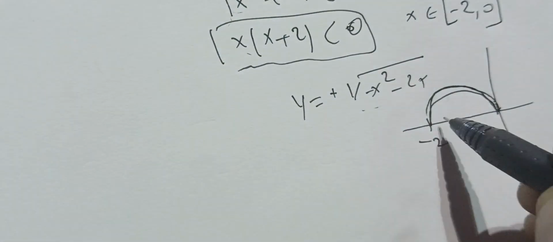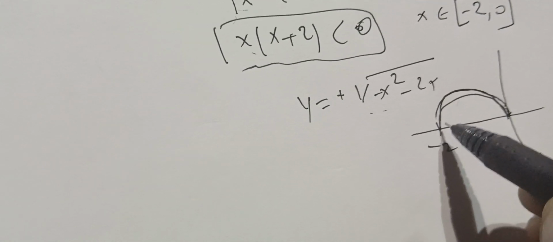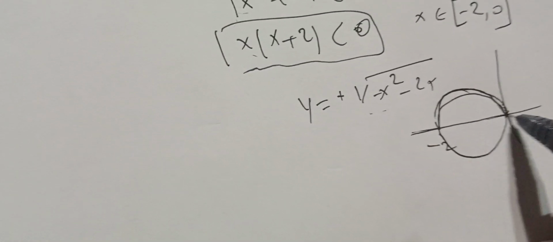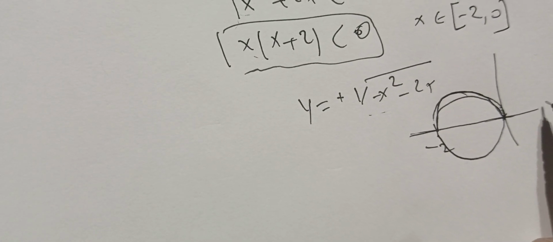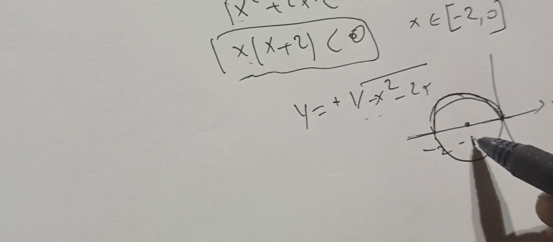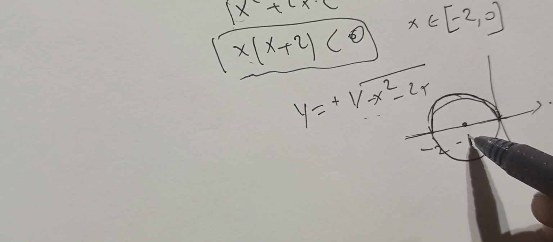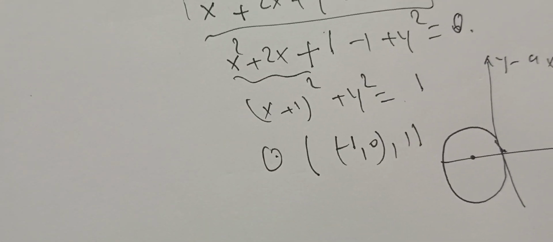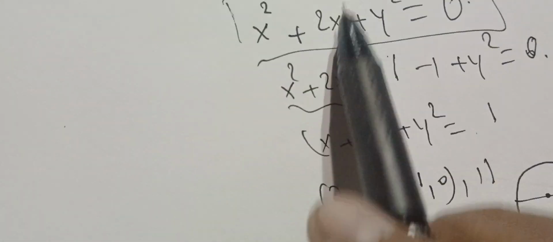The other one, the minus sign, is just the reflection of this half about the x-axis. So we get the same thing: a circle of center minus 1, 0 and radius 1. Anyways, this is the quickest way to solve.